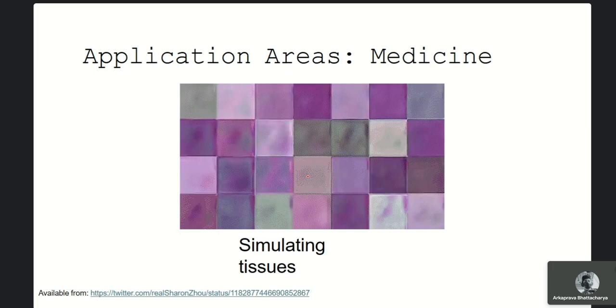So even in one of our research papers, we have applied GANs to generate synthetic histopathological images. And then we have used the augmented data set for improving our classifier accuracy.